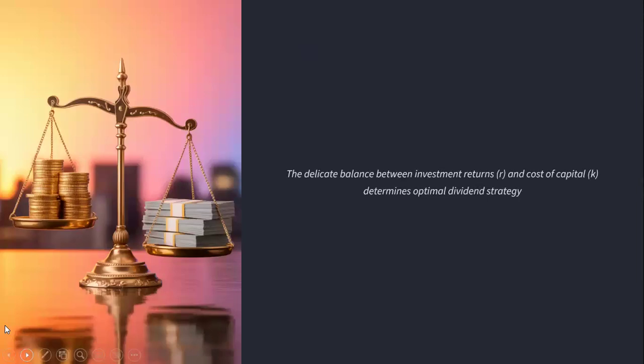The delicate balance between investment and capital determines the optimum capital strategy. So as per him, I have to retain maximum capital, increase my capital base, and that will help value creation and earning per share. If I retain maximum, it gives a strong signal that I'm going to make further growth and progress.